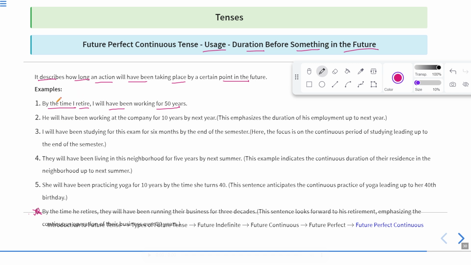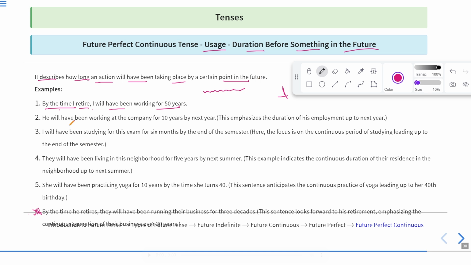Here in the first sentence, we can see, by the time I retire, a person is thinking of his retirement. That when I retire, I will have been working for 50 years. It means at the present time, he's working, but he's imagining a situation at the time of his retirement, the time when he will take the retirement. So he's just thinking. It means he will cover 50 years in his job when he retires.